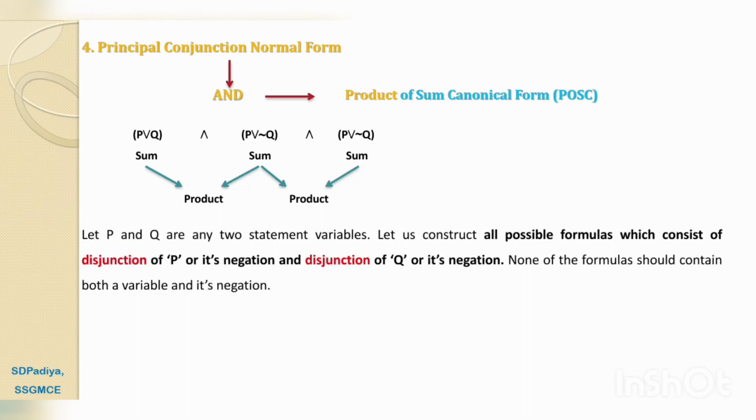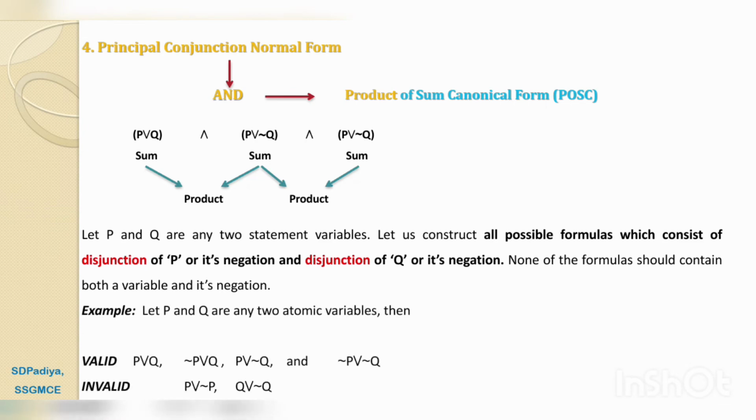Let P and Q be any two statement variables. Then let us construct all the possible formulas which consist of disjunction of P or its negation and disjunction of Q or its negation. None of the formulas should contain both a variable and its negation, same as the principal disjunction normal form.